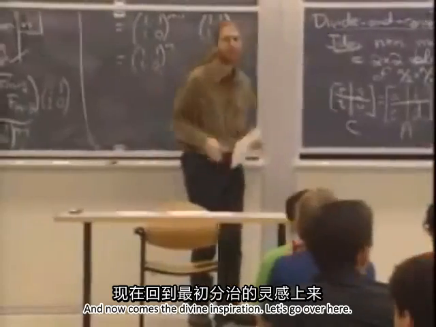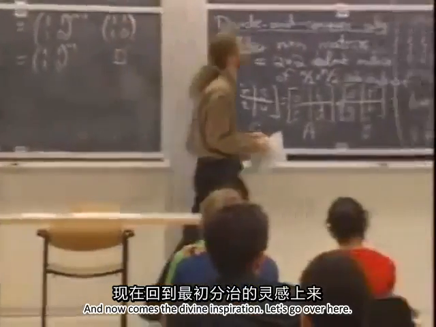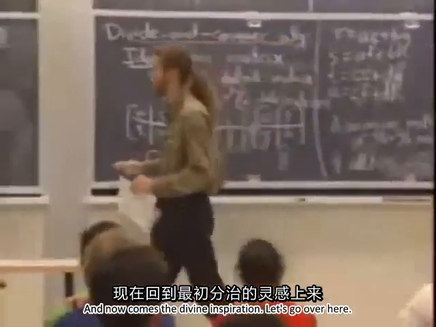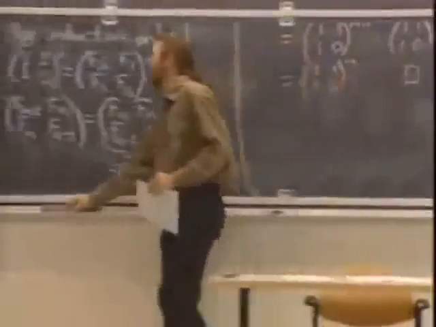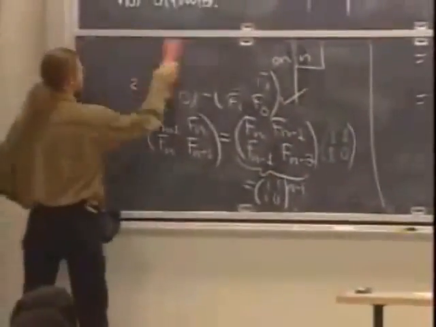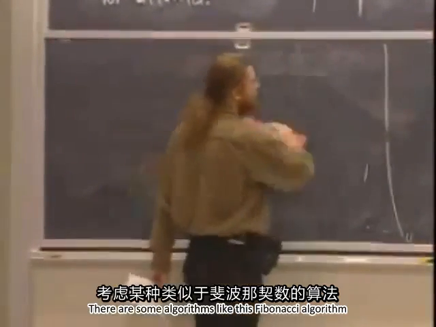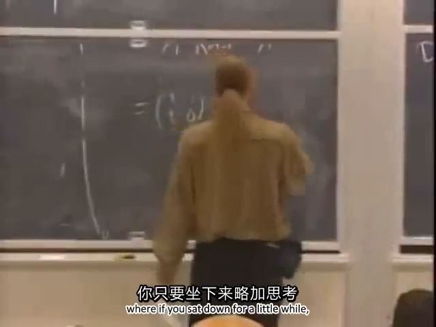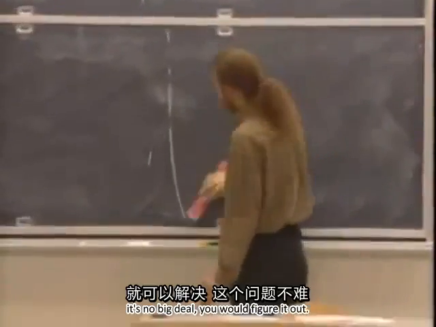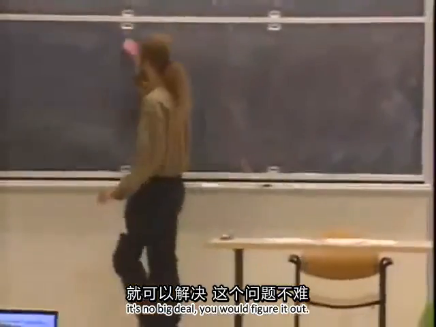And now comes the divine inspiration. Yeah, there are some algorithms like this Fibonacci algorithm where if you sat down for a little while, it's no big deal. You'd figure it out.